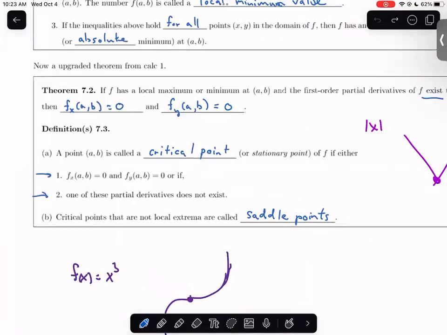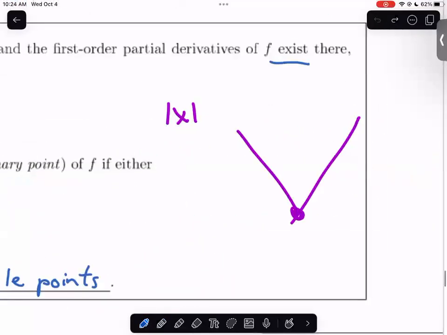We're going to be primarily dealing with when both are equal to 0, because that's when our test will work. Technically, if either one of these does not exist, sometimes wonky things can happen. Likewise in Calculus 1, the classic example when a derivative does not exist is the absolute value of x. It has this interesting point when x is equal to 0, where you have this jagged edge.